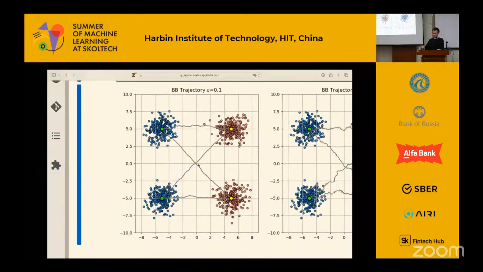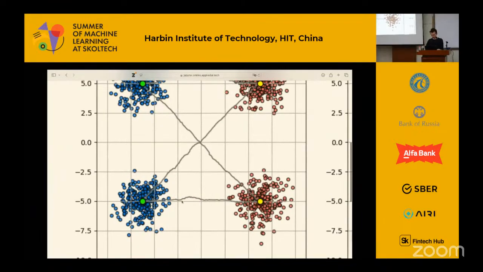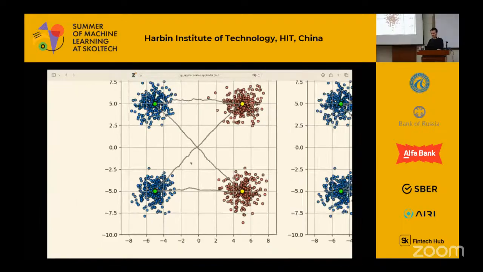And you can see at the volatility of 0.1, the trajectories are not that stochastic. They are almost straight, let's say. They have some kind of stochasticity part, but mostly they are straight.